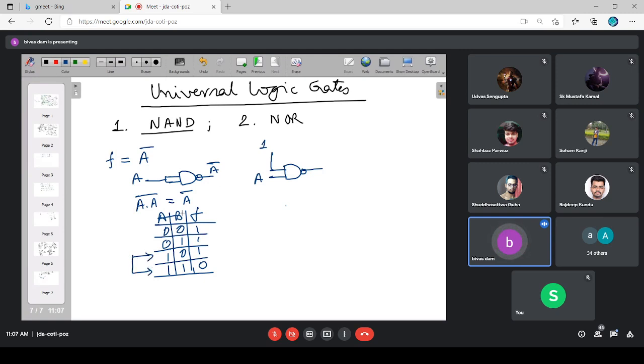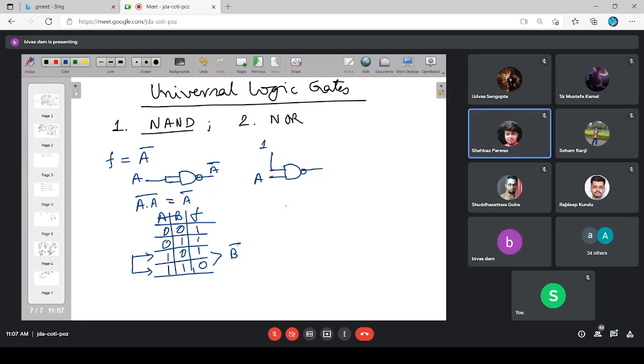In that case, if the B input is 0, output is 1, and if B input is 1, output is 0. So what I get from here is nothing but B bar. If I force A input to be 1, the output is nothing but the complement of B. Hope you realize that from the truth table.